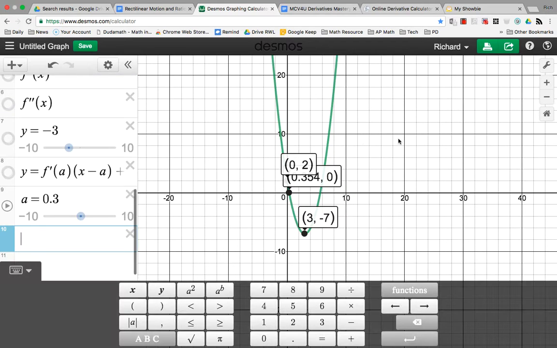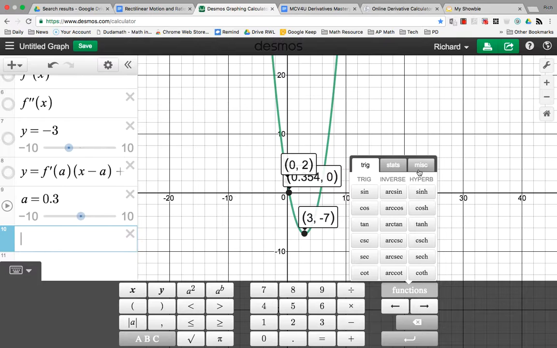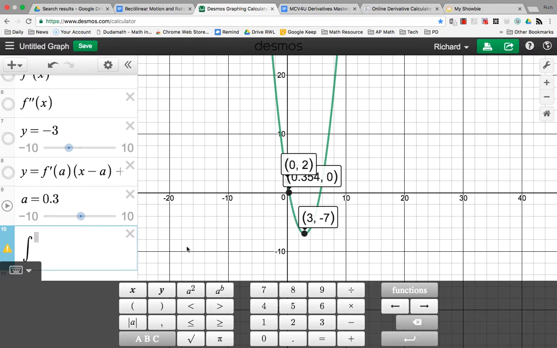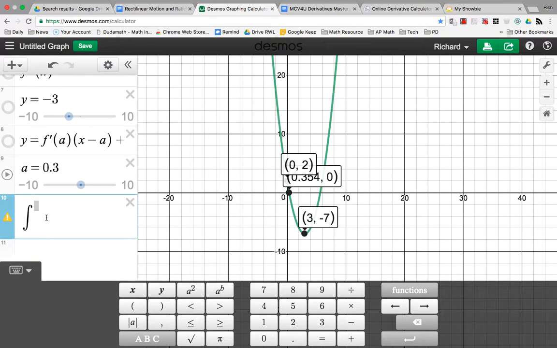If you go to functions, miscellaneous, it will calculate area under the curve for you.